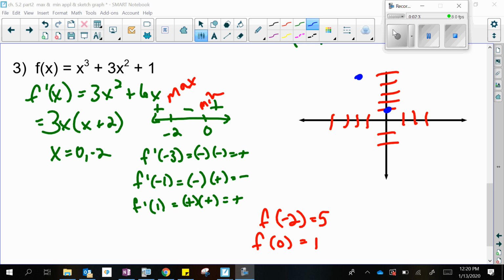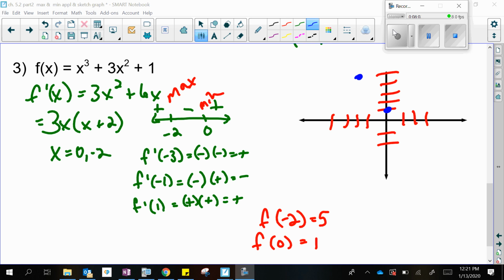Maddie, do you have a question? No, go ahead. And then we pick values in that interval to see if it's increasing or decreasing. So we know increasing, decreasing, then increasing. So a max and a min. Plug it into the original function to find out exactly where. So at -2 it's 5, at 0 it's 1.